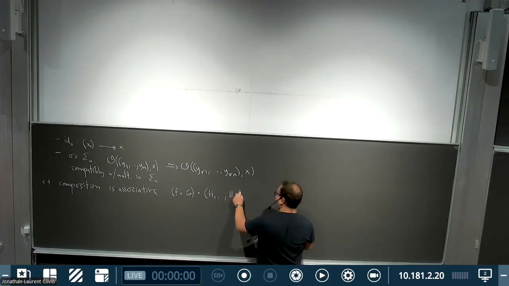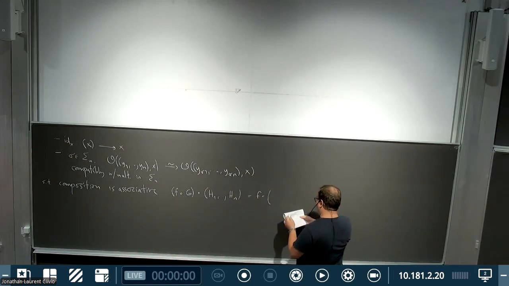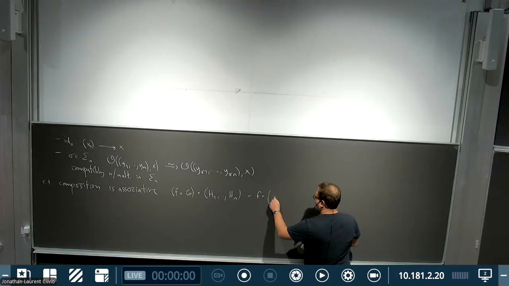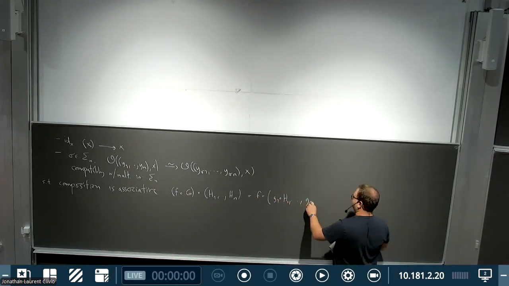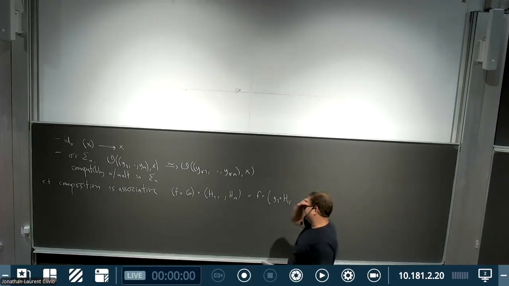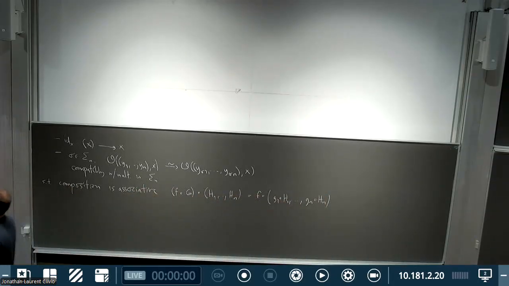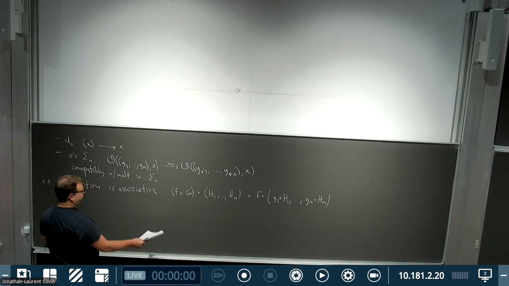It's the same as f composed with the list where I do g_1 composed with its chain. It's just associativity in the sense you get if you expand this picture to another level: you stick a bunch of things on the left, and there should be a unique way of composing that whole tree of operations into a single one.